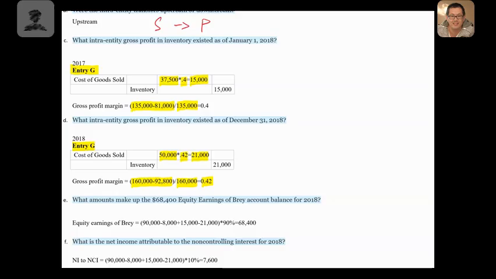Question E. What amounts make up the 68,400 equity earnings of Bray account balance for 2018? So this question is asking for the investment income from Bray. To get investment income, first we know that 80,000 is the reported income, but we cannot use that directly because the parent is using the equity method, so we need to make some adjustments. The first is that we need to minus the excess annual amortization expense, 8,000.